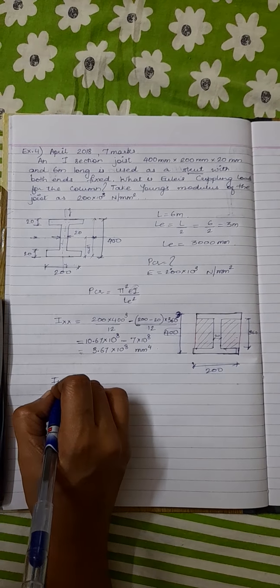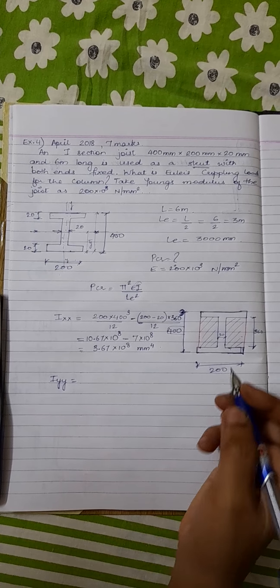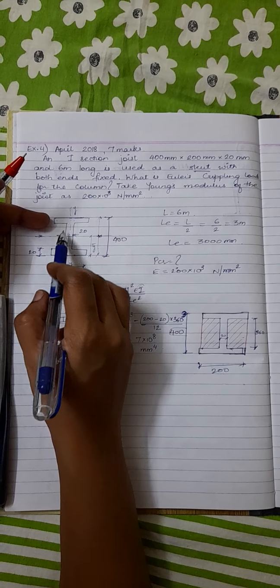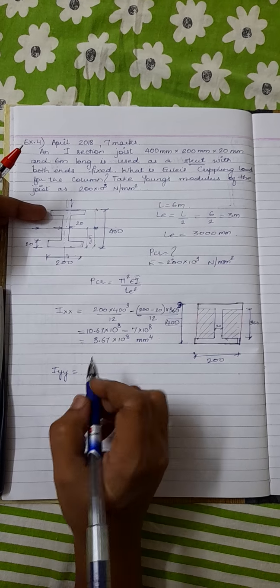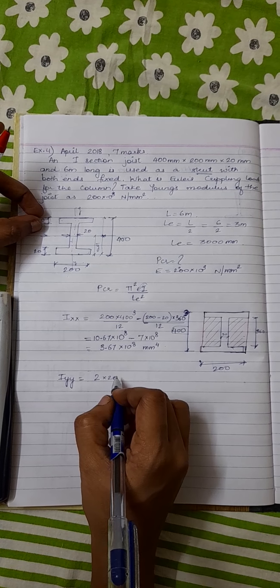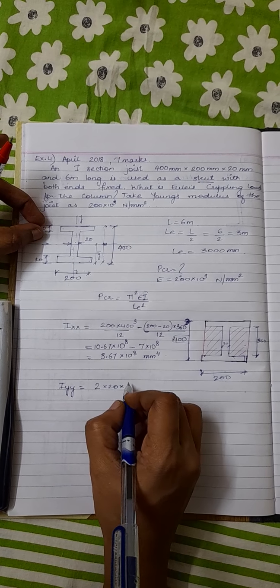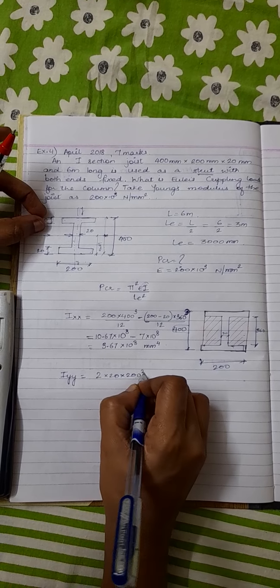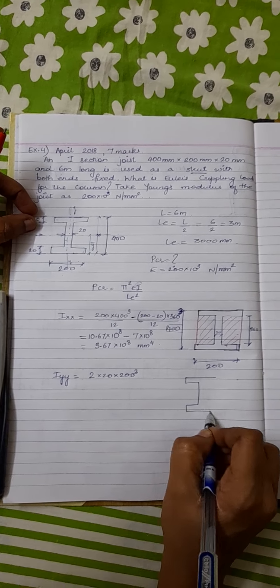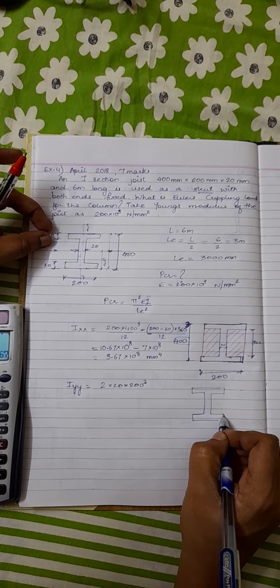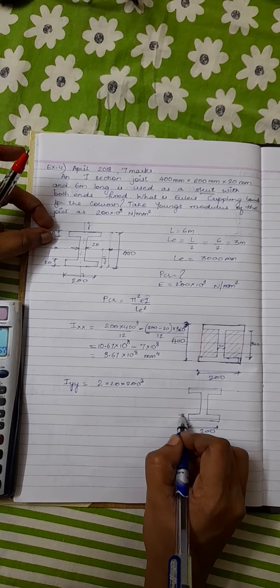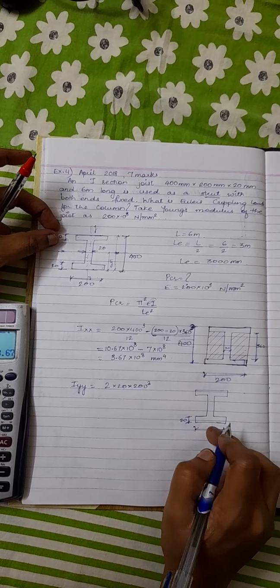What about Iyy? Iyy is dB cube by 12. I have two flanges of the same size, so that's why 2 into 20 into 200 cube. I am considering each part. Let me draw this again for you. This is 200, this is 20, and both are the same.